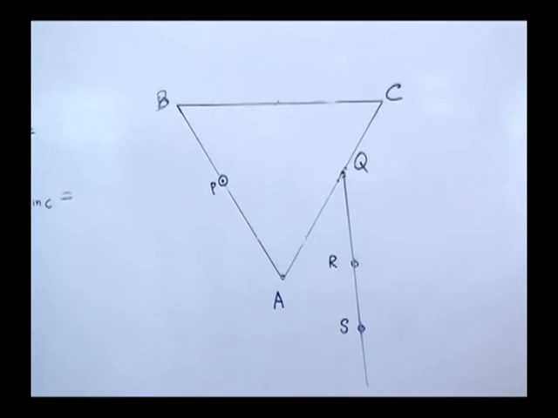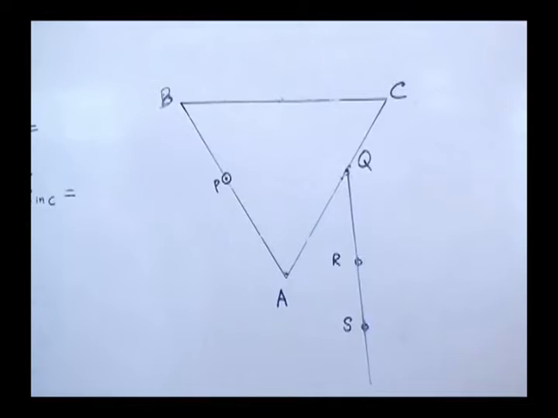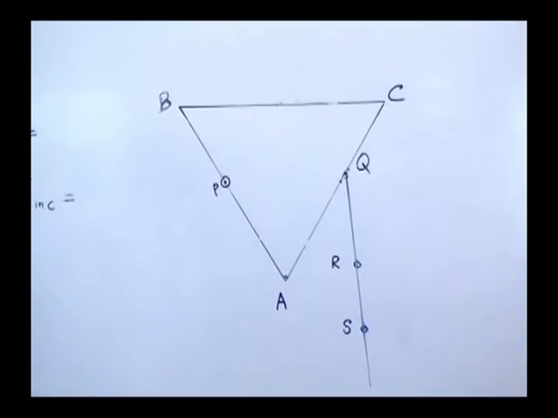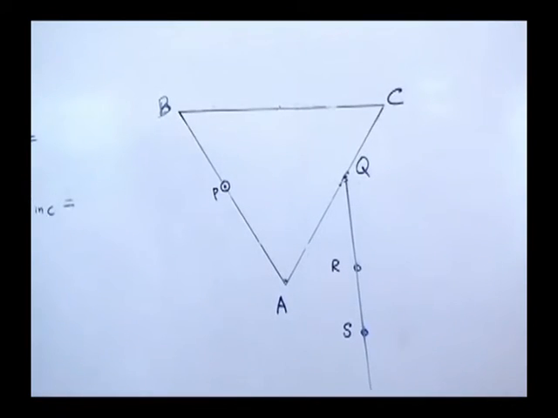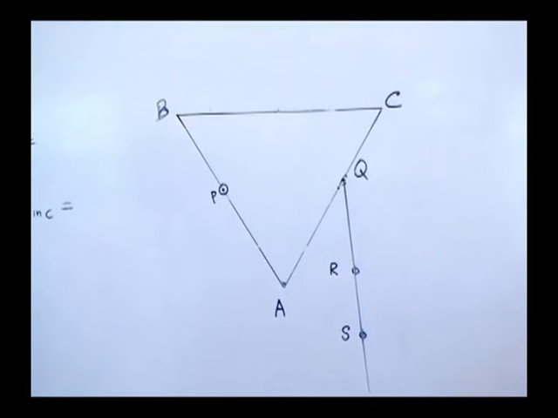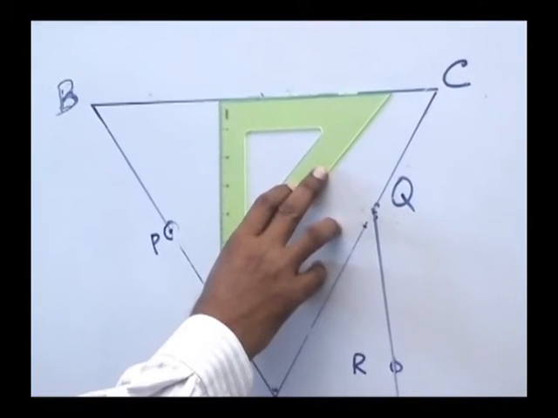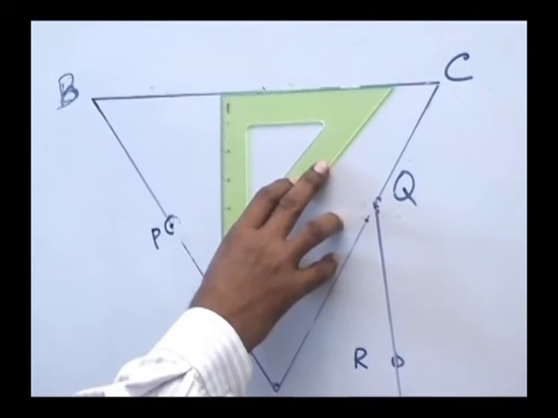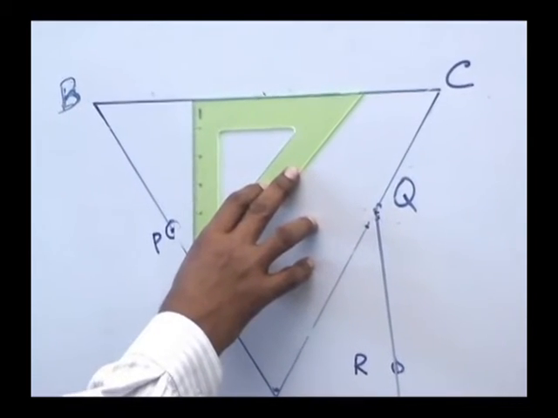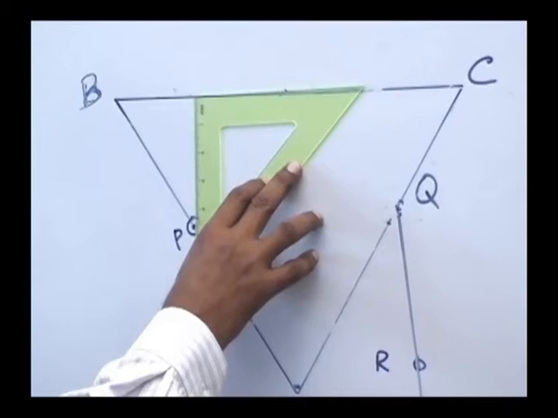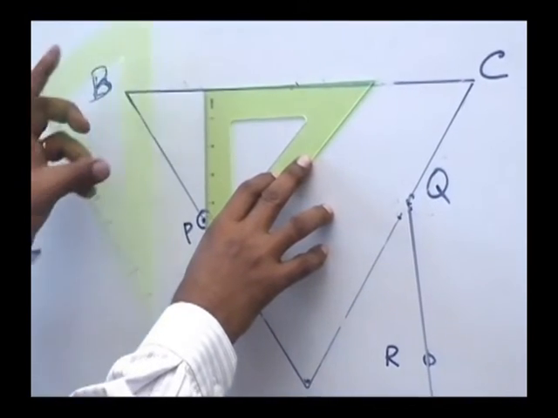The next step is to draw a perpendicular on the face BC at point P. Now we draw a perpendicular on the line BC, the perpendicular passing through point P.